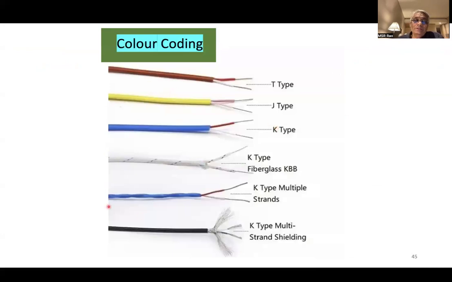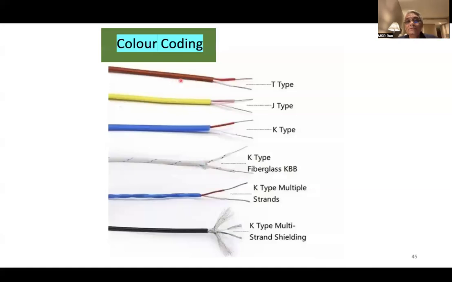So these thermocouples are now nicely standardized, and just as you can identify resistors, there's also color coding for these thermocouples, and you can easily identify them from the color coding.